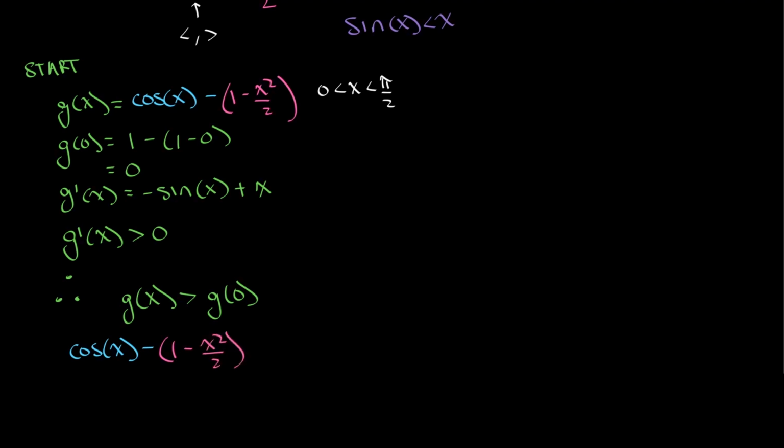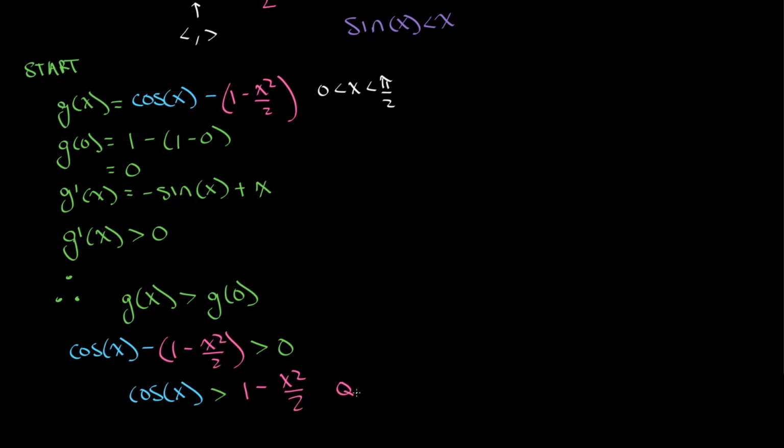And we said that this is greater than g of 0, which we found to be 0. And then adding this guy back over, we just have that cosine of x is greater than 1 minus x squared over 2 for our interval.